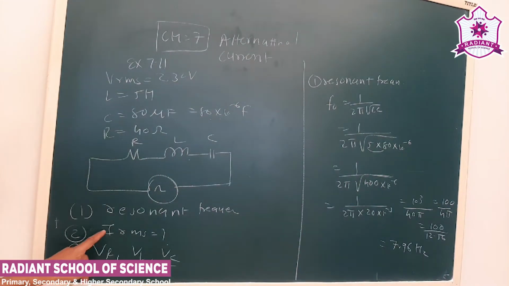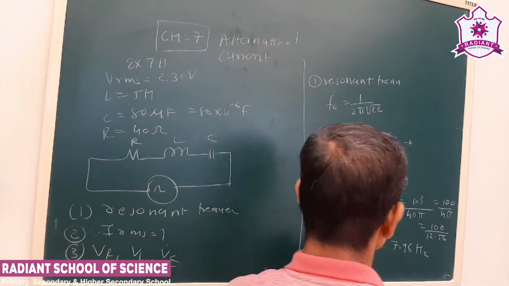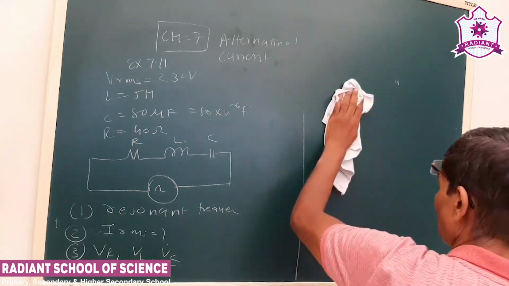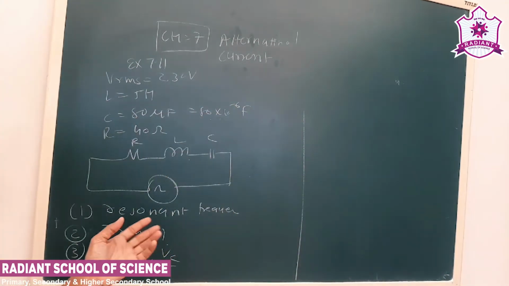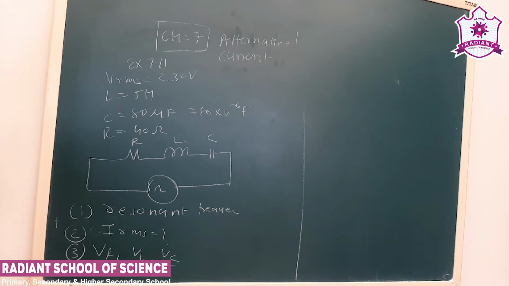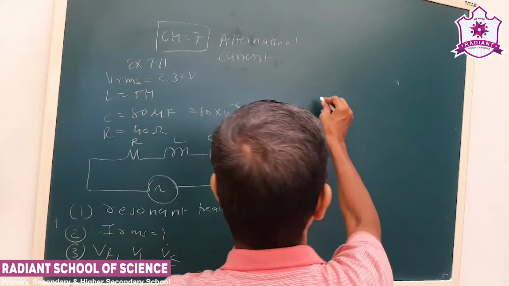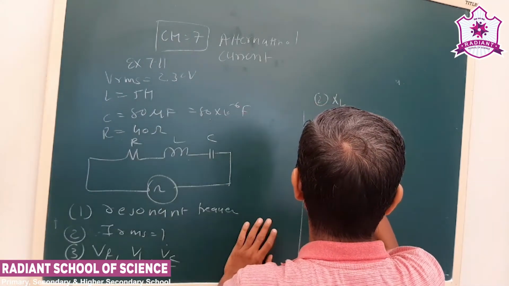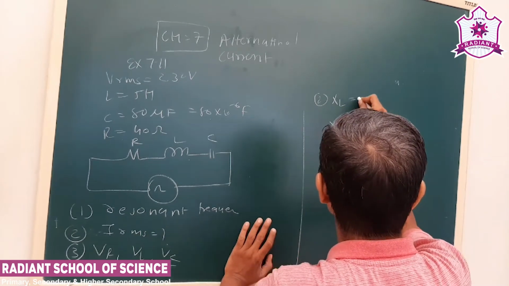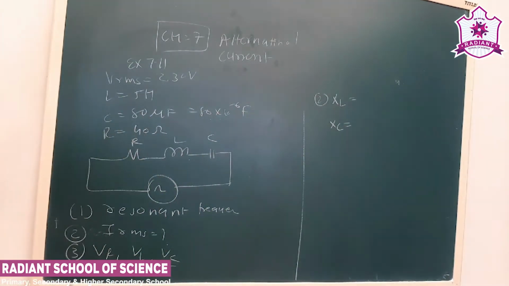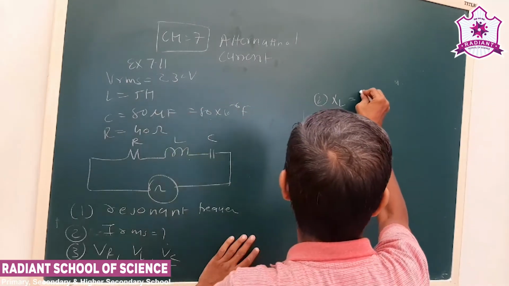Now secondly, we have to find out IRMS. Now see, here the resonance frequency is obtained, so we can check first whether XL and XC are equal or not, but it will surely be equal. Why? Because it is the case of resonance. XL will be 2 pi FL.